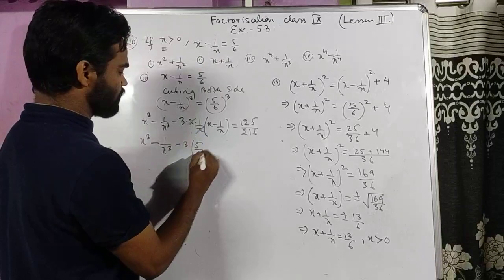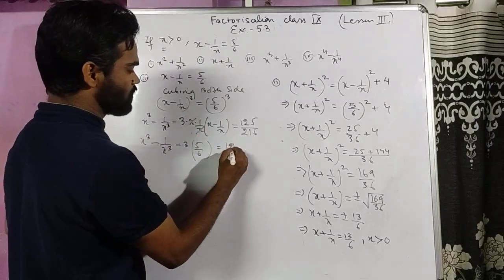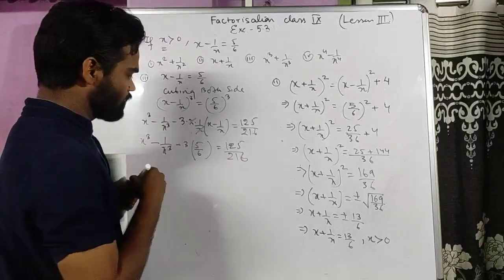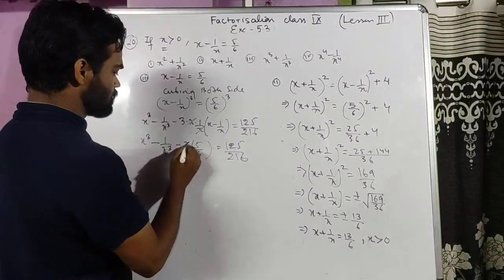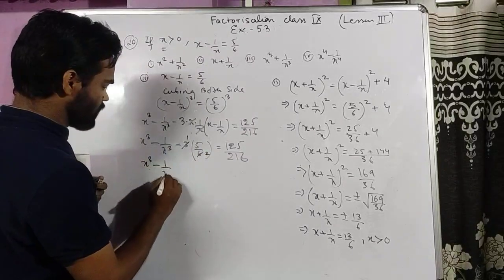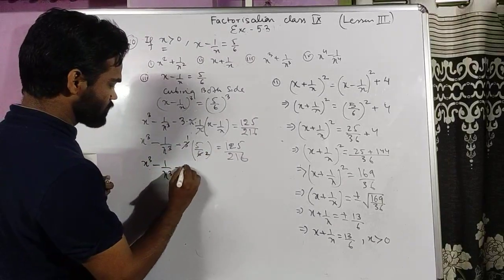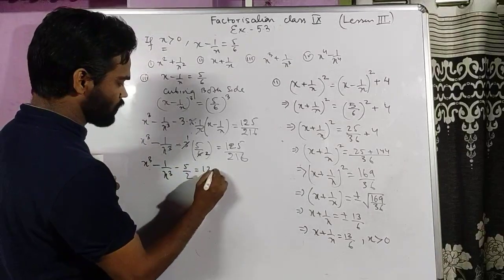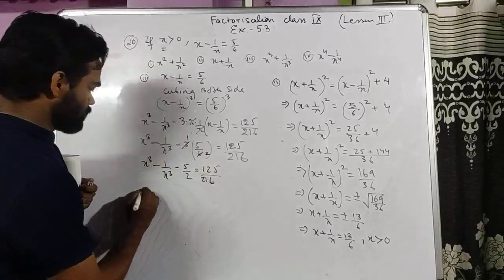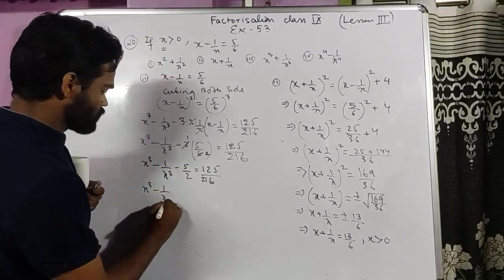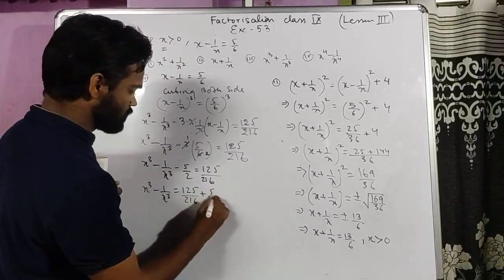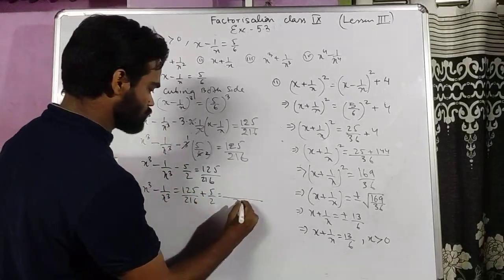know the value, 5 by 6, equals 125 by 216. So it becomes x cube minus 1 by x cube minus 5 by 2 equals 125 by 216. Take 5 by 2 on that side. Take LCM. This is 216.